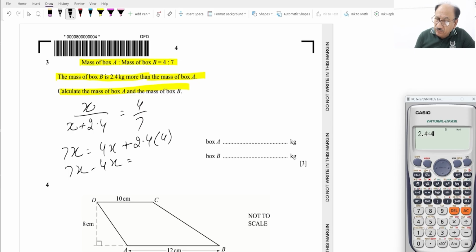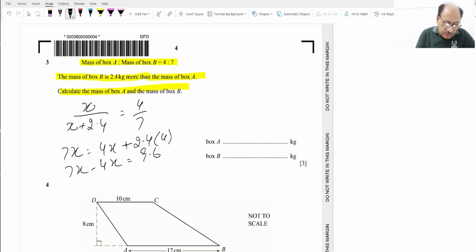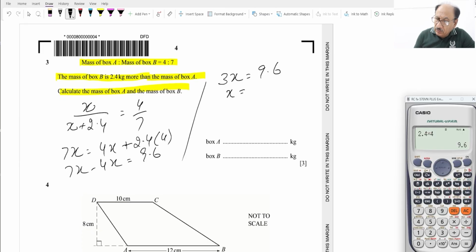2.4 multiplied by 4 will be equal to 9.6, and further we can simplify. This will be 3x is equal to 9.6, and x will be equal to 9.6 divided by 3, which is 3.2.